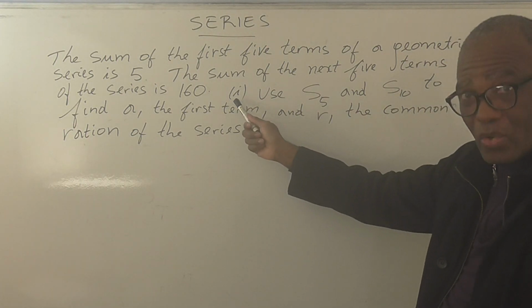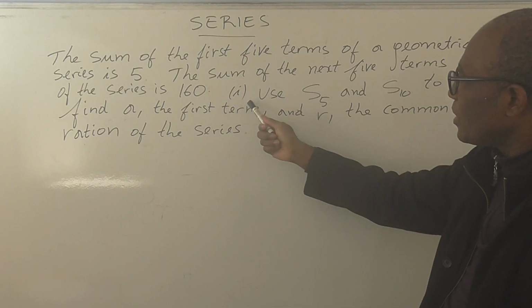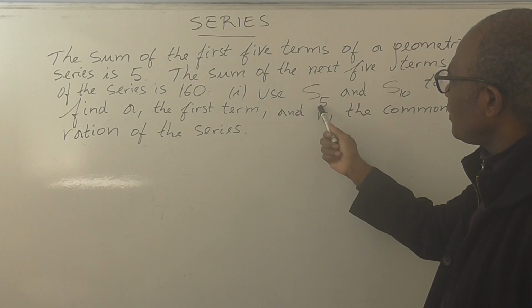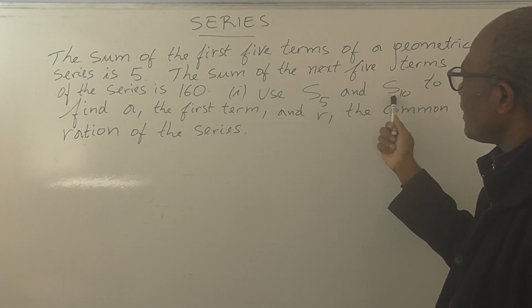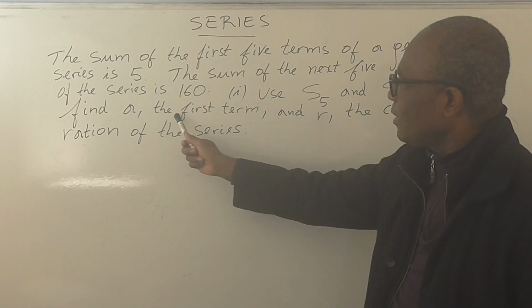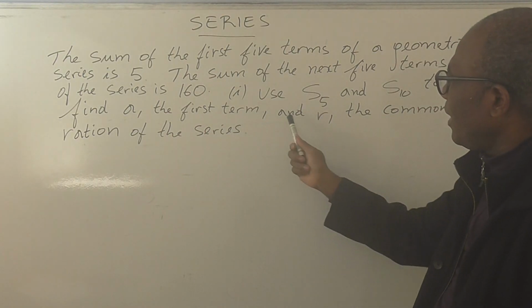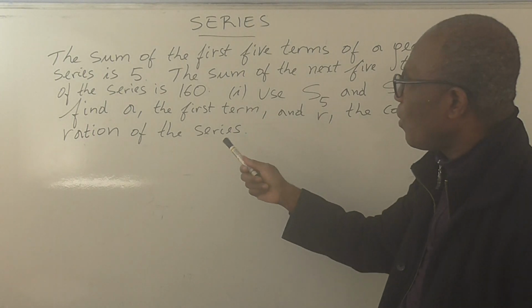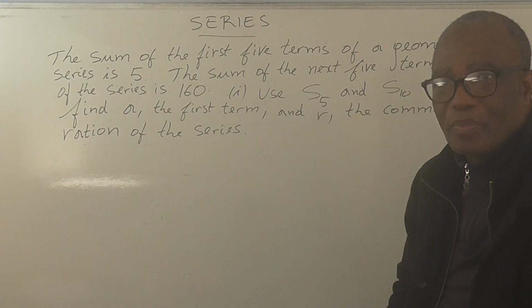Part I of the question, the first part of the question: use S5 and S10 to find A, the first term, and R, the common ratio of the series.